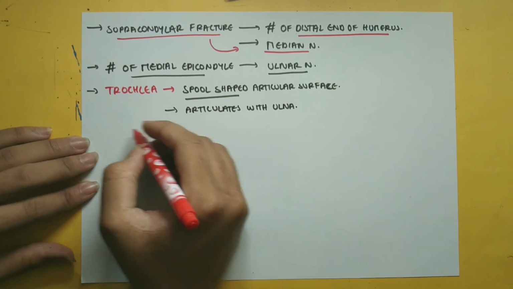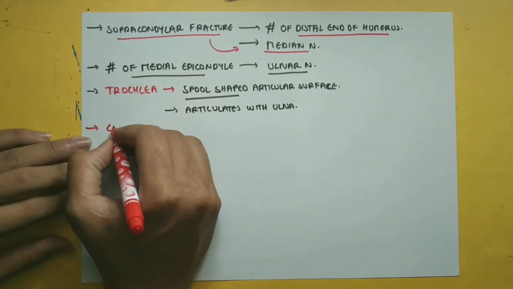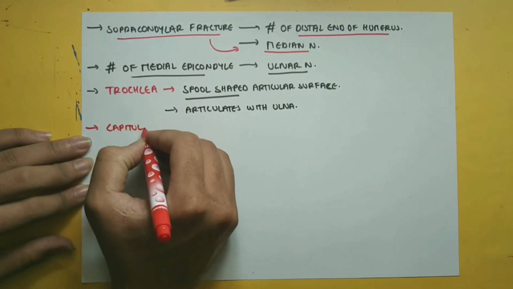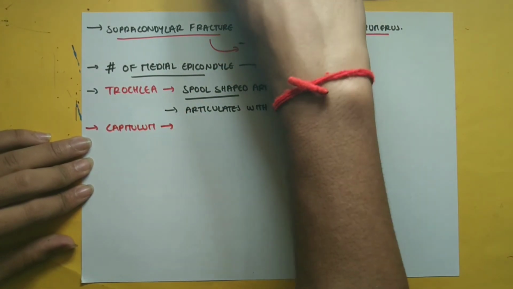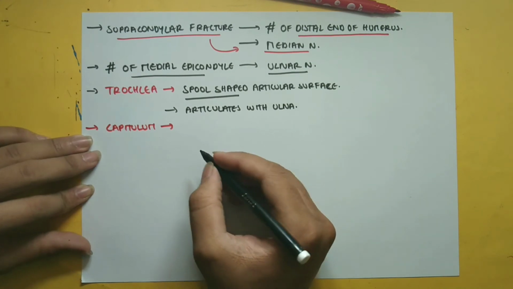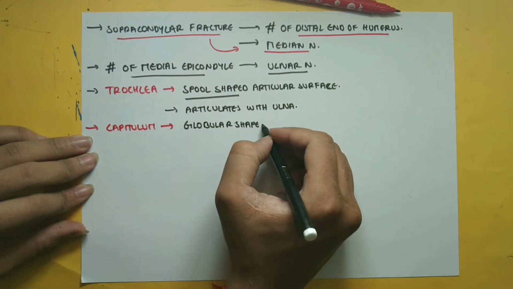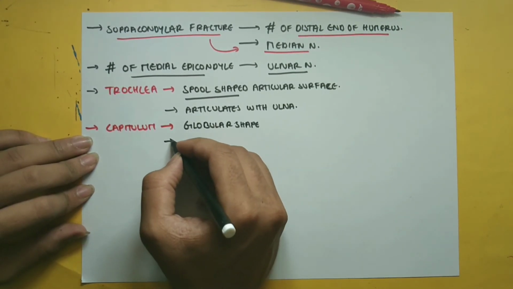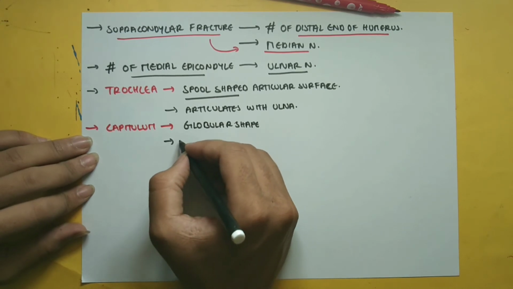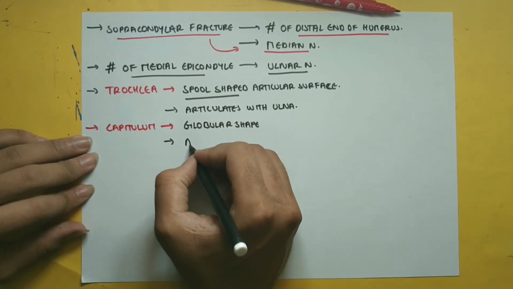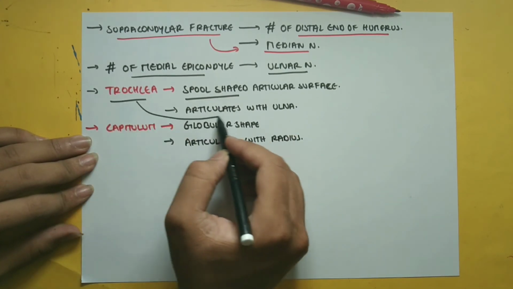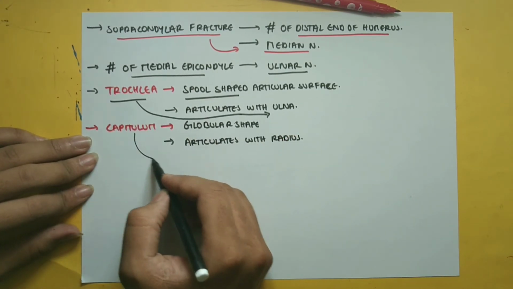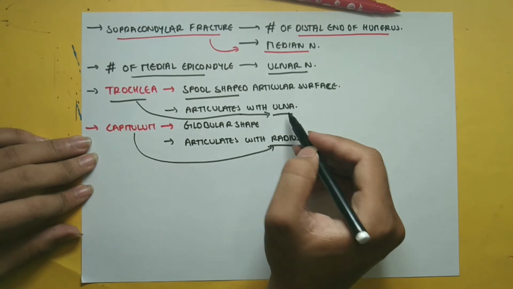Now about capitulum. This capitulum is globular in shape and it articulates with the radius. So trochlea articulates with the ulna, capitulum articulates with the radius.